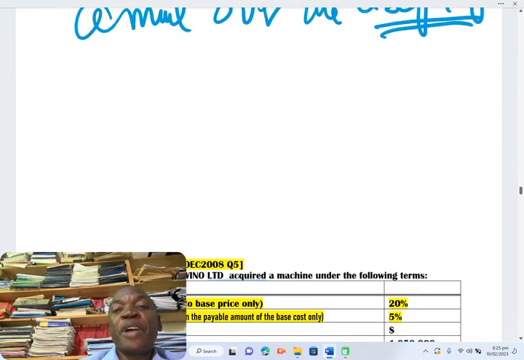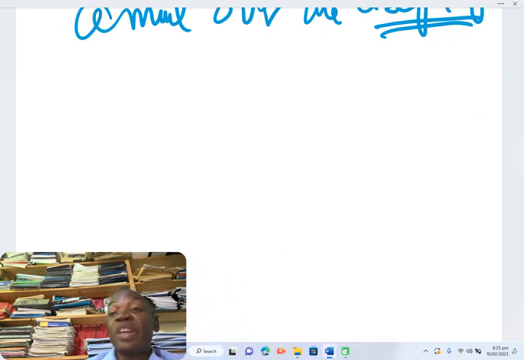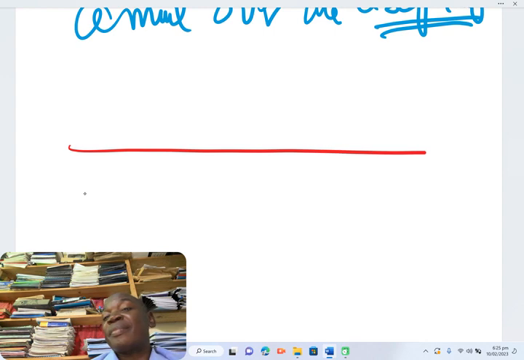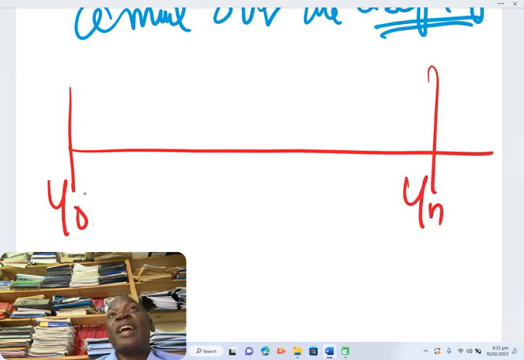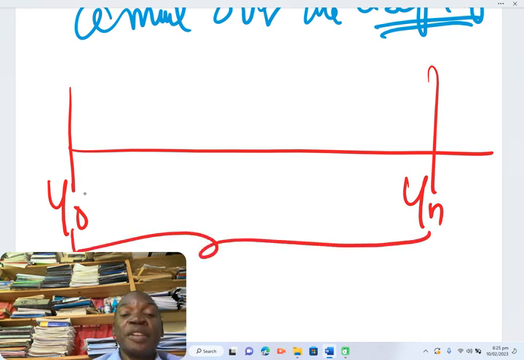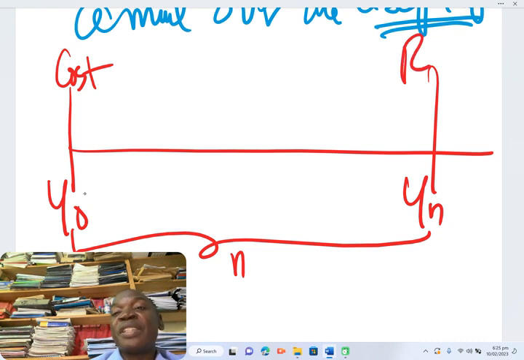So far, if you had an asset, year naught is initial recognition, year n is end of life of an asset. If it is used for, let's say, n years, cost is here, residual value is here. Now depreciation, you allocate this cost over useful life.